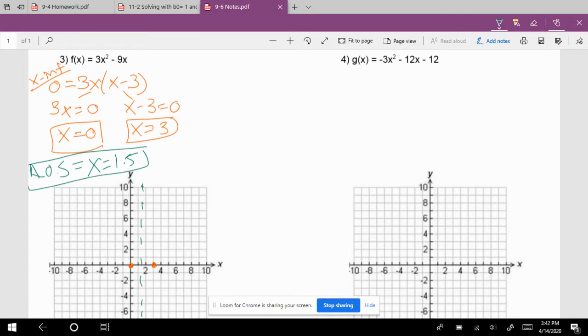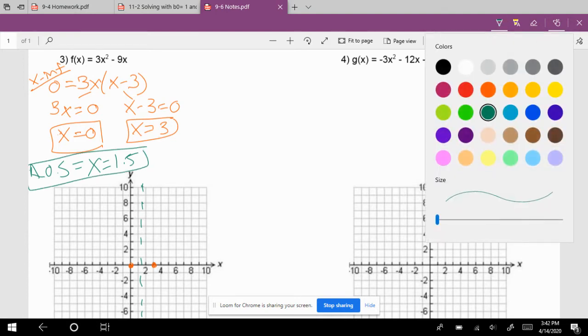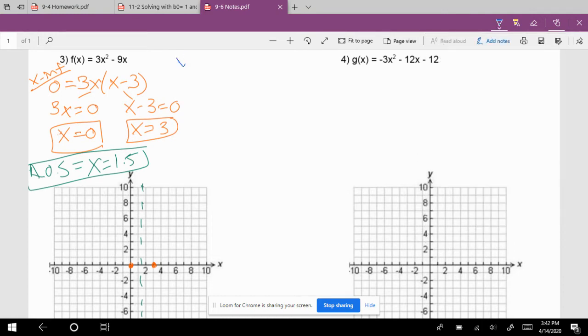Okay, so when I go to put this into my vertex, I know it's 1.5 comma something. Okay, and I have to choose which one of the forms that I want to plug in 1.5 into.